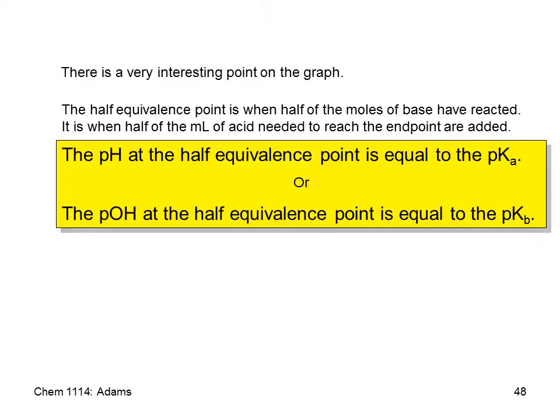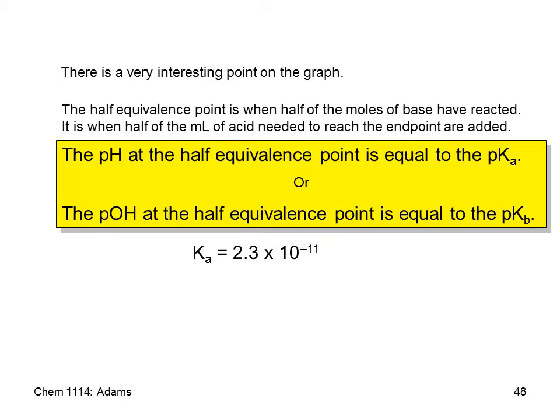Again, there's one more point that we're going to put on this curve. It's the half equivalence point, when exactly half of the moles of the base have reacted and half of the milliliters of acid needed to reach that endpoint are added. And here again, at the half equivalence point, the pH is equal to the pKa, or the pOH is equal to the pKb.